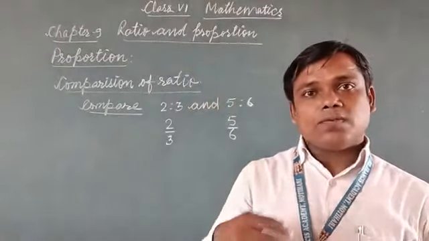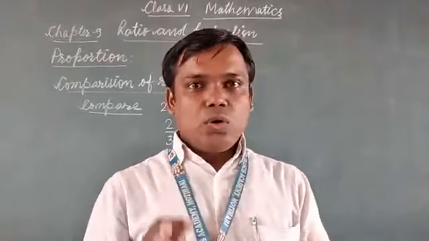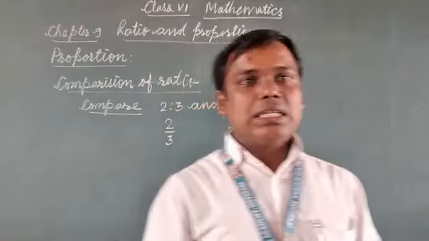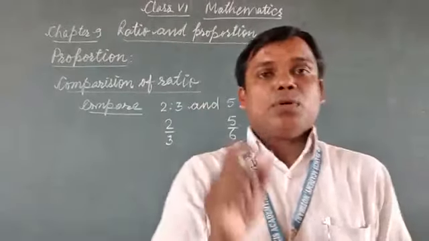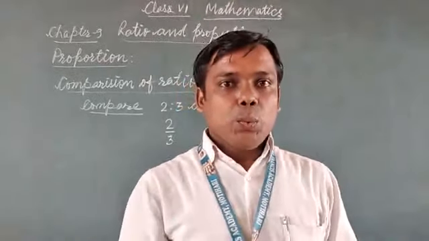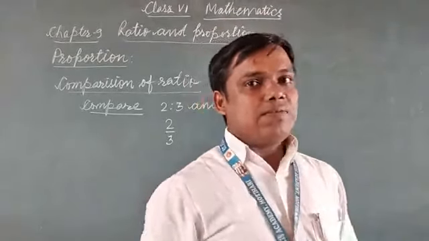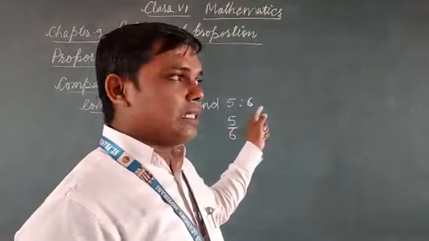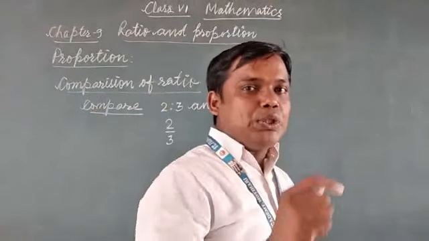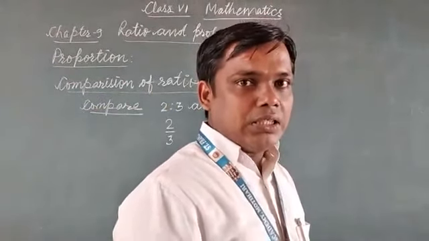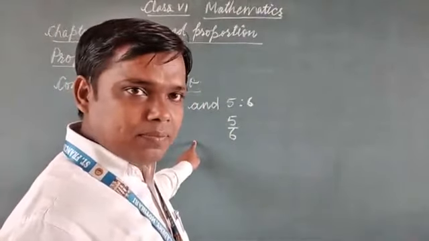how to compare fractions. As you have studied already, when two fractions are given and we have to compare them, we first make like fractions, or another method is that we use the cross multiplication method to compare two fractions.